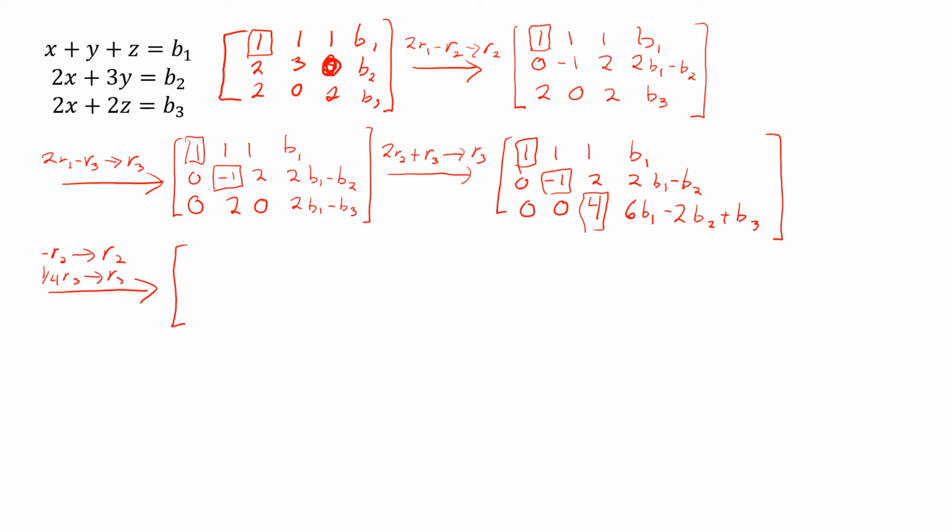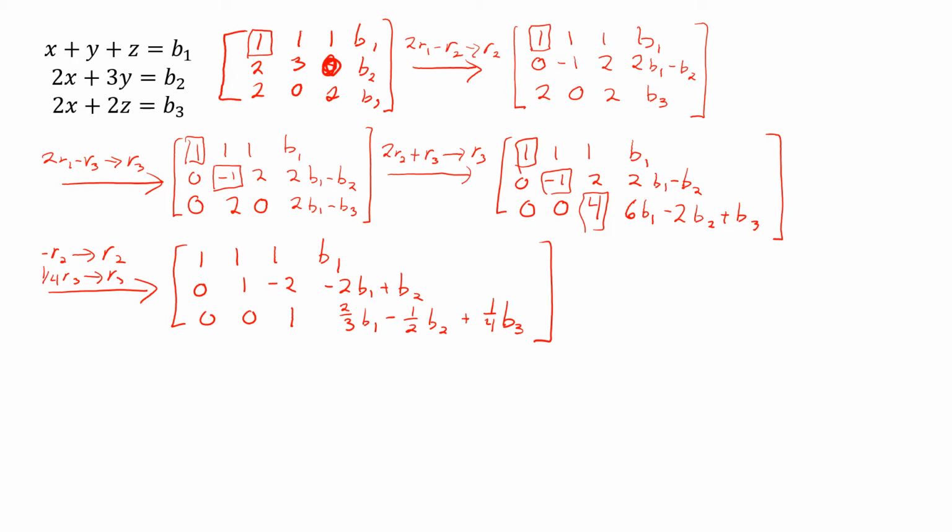So I'm going to do two operations in one step here, just to save a little bit of time and space. 0, 1, negative 2b1 plus b2, and we get 0, 0, 1, and 2/3 b1 minus 1/2 b2 plus 1/4 b3.